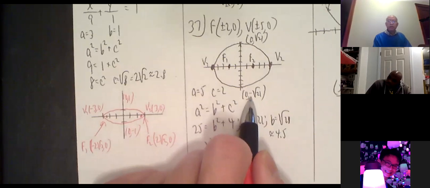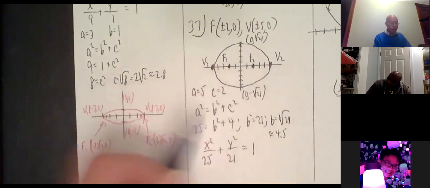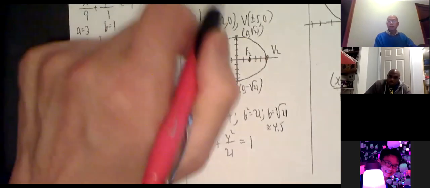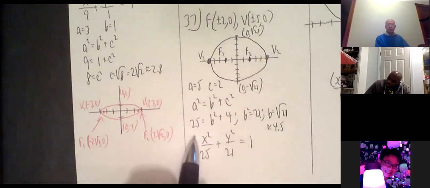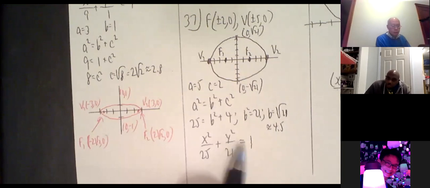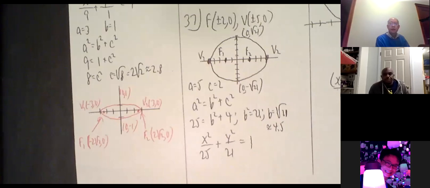Which means b squared is 21, right? This is in the y direction, so that goes underneath the y. So here's my equation: x squared over 25 plus y squared over 21 equals 1. And that's about it for that one.